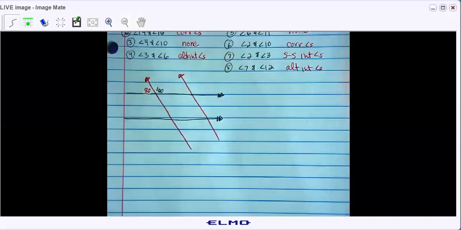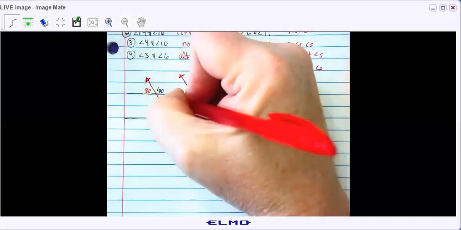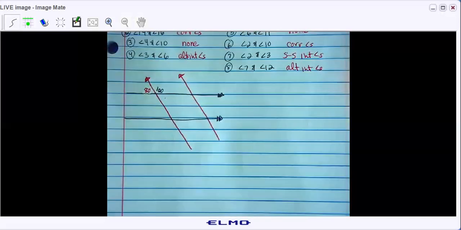Okay, so what is the angle directly across from the 80? Or the vertical angle? What do we know about vertical angles?